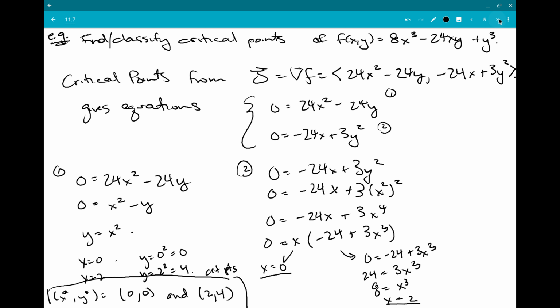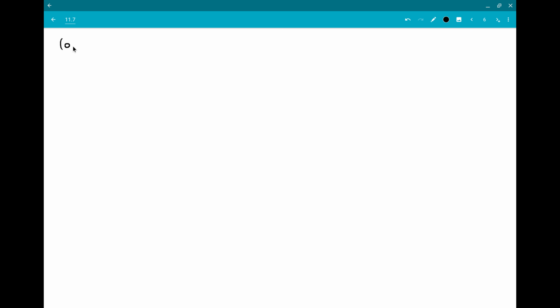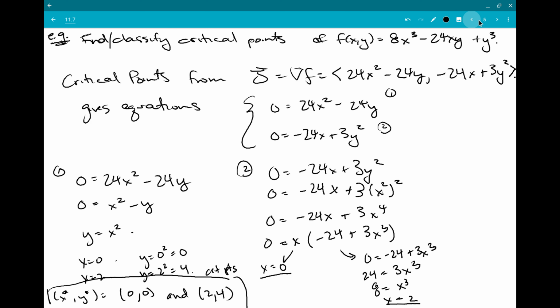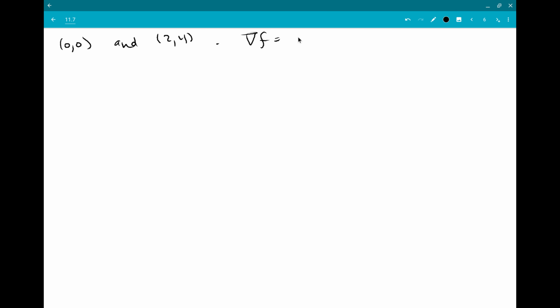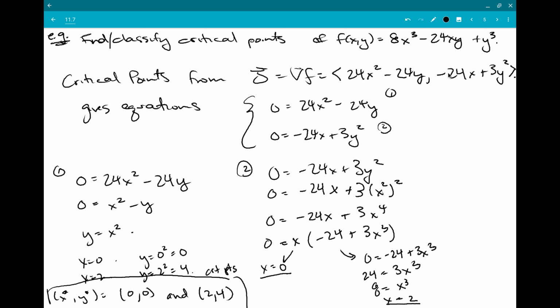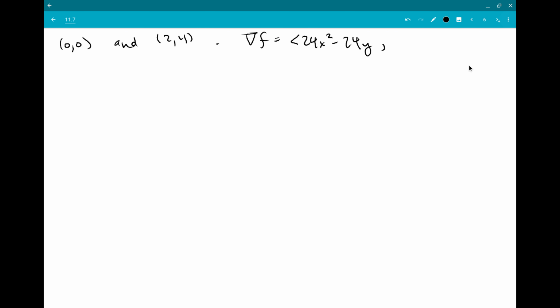And next up, I have to classify them. So I'm going to go ahead and write the points I care about. And I'm going to write my gradient. 24x squared minus 24y. And minus 24x plus 3y squared. You don't have to rewrite this.